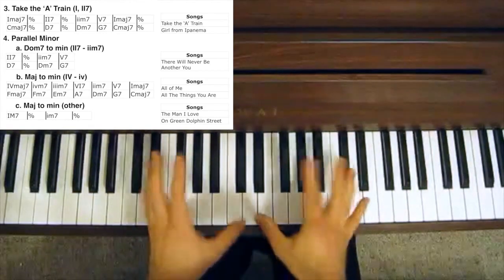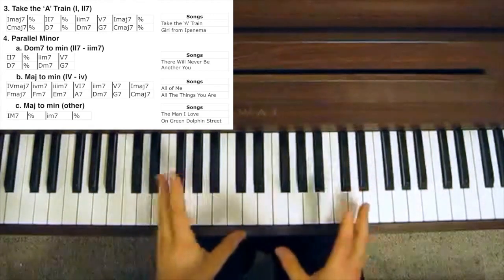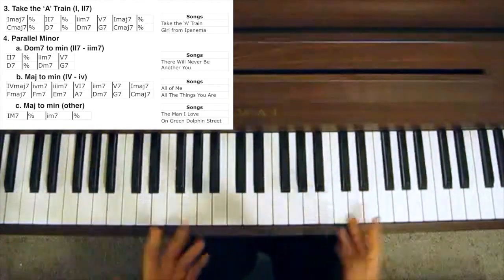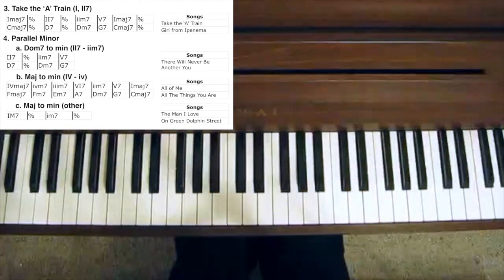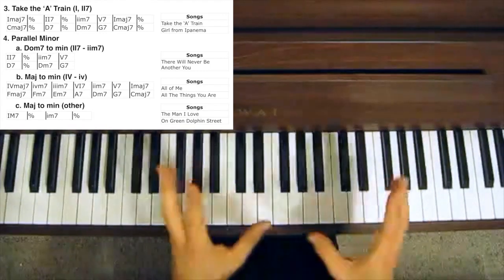But you don't have to use parallel minors as part of the cycle of fifths, which in effect those 2 examples are. You can just have them by themselves, just floating there.